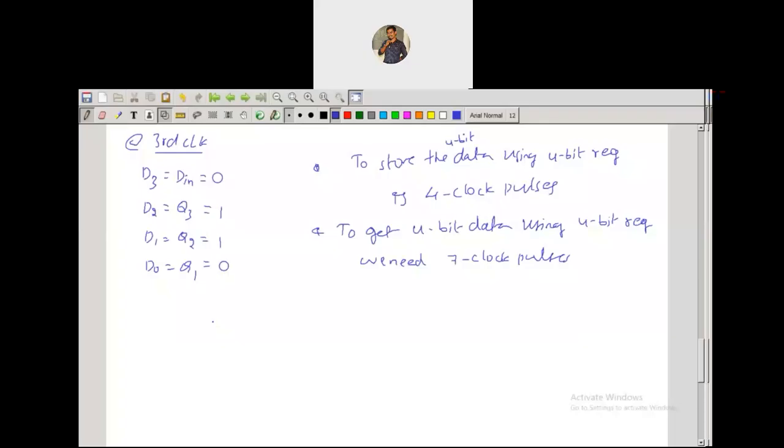Now similarly, in general, for an n-bit SISO register, to store n-bit data, how many clock pulses are needed?